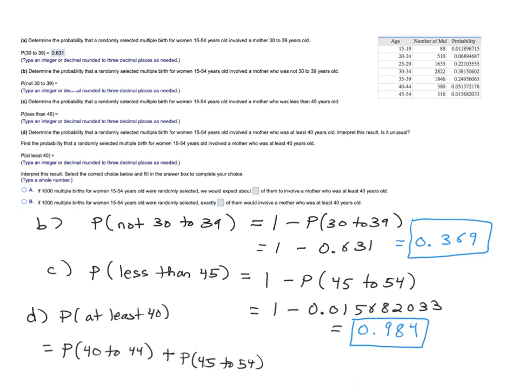When I round this to 3 decimal places, I get 0.067. Oops, that was supposed to be a 7.